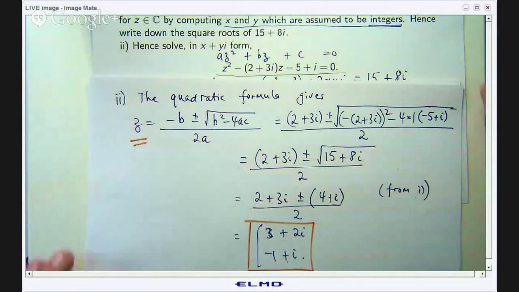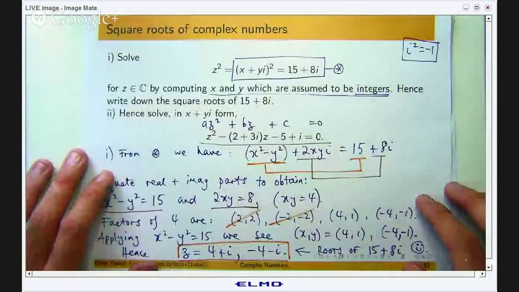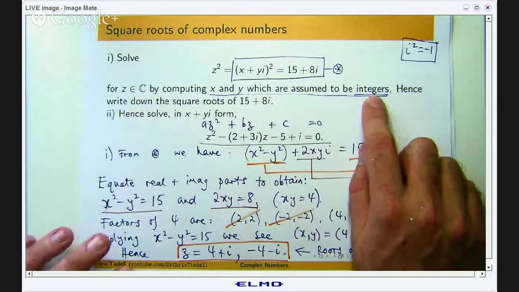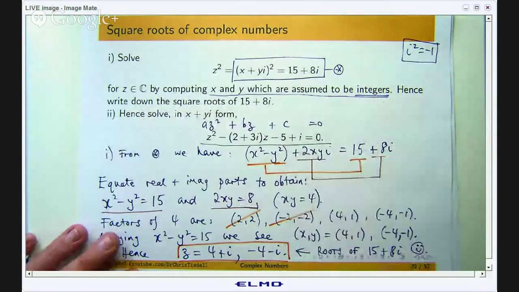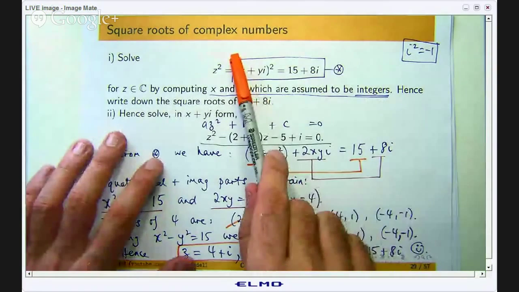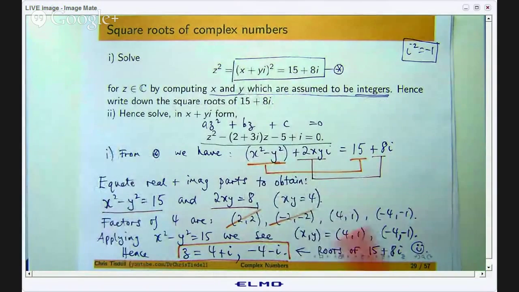Okay, so a couple of remarks. If you don't know ahead of time that x and y are integers, you can actually introduce a third equation here. You basically take the modulus of both sides of this and then use properties of the modulus to get a third equation involving x squared plus y squared.